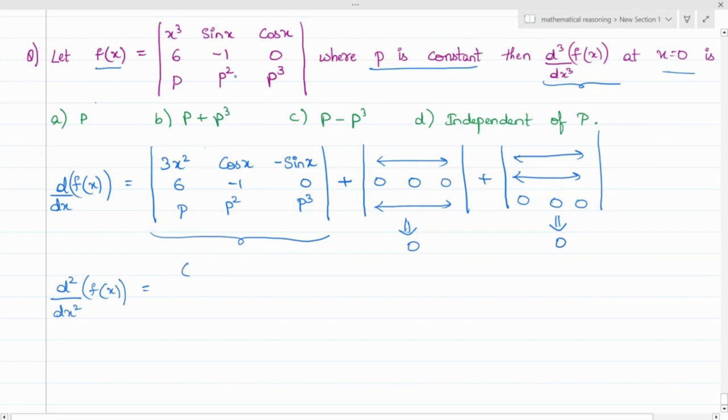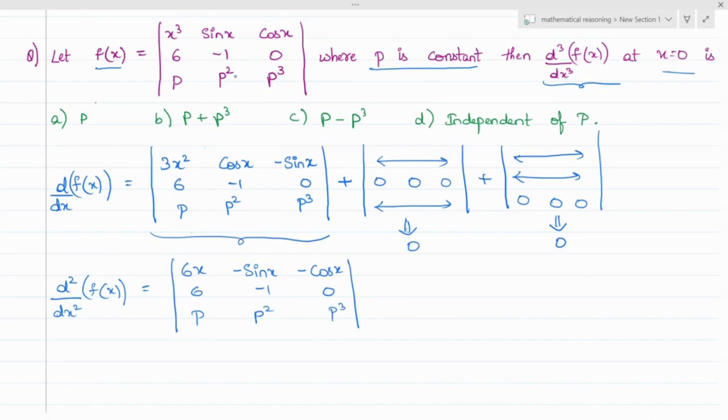So it's nothing but 6x, the differentiation of cos x, minus sin x, the differentiation of sin x, cos x. And the remaining two rows will remain as they are. And again, if you differentiate the other rows, the first row and third row will remain as they are. Again the second row is constant, so it becomes 0. Again the third row is constant, it becomes 0.